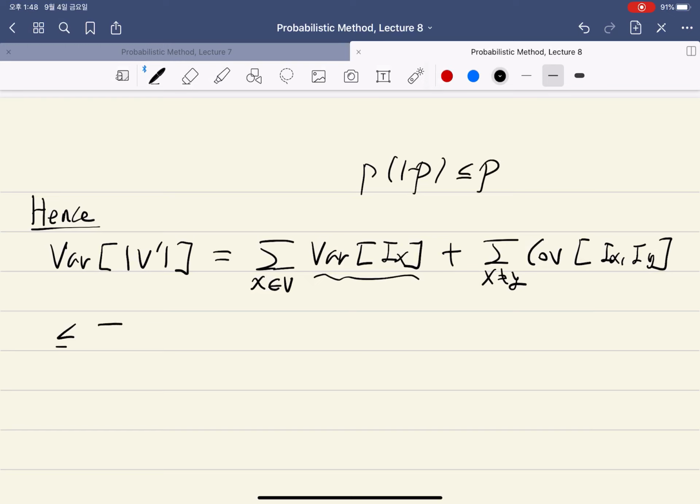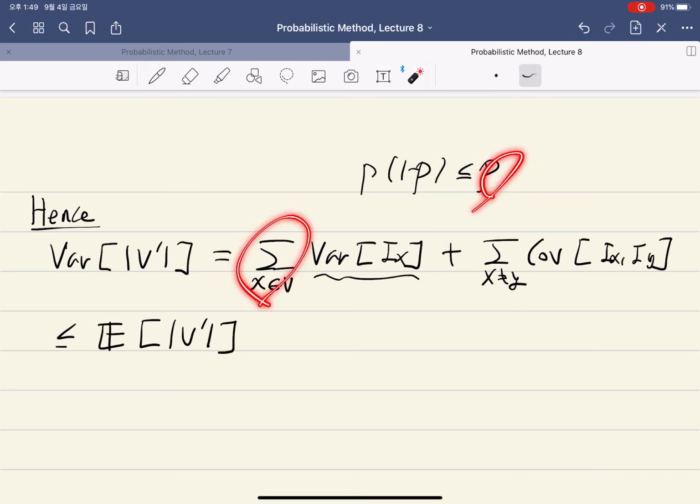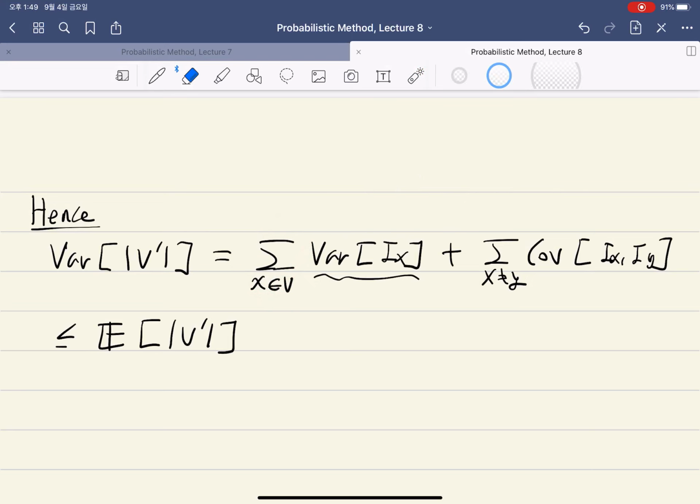So this part is smaller than the expectation of this, because if you sum over all the things with the probability, that's exactly the expectation. I wrote this, but let's say p prime, which is different from the previous p.